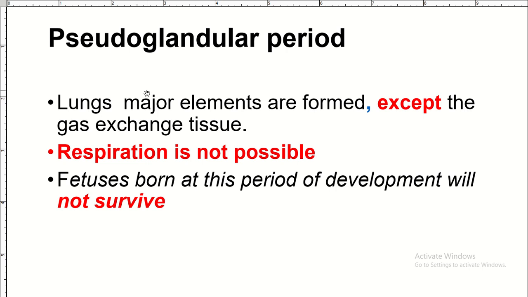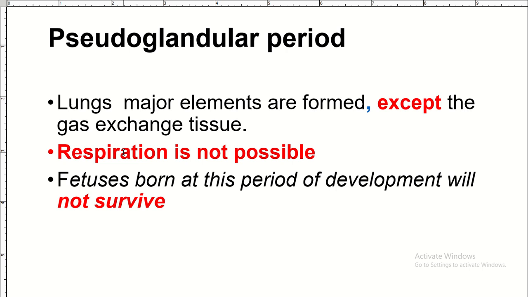Alveolar sacs are going to be formed later on. So the lungs' major elements are formed except the gaseous exchange tissue. That is going to be your respiratory bronchi, your alveolar sacs as well as your alveoli. They are not yet formed.